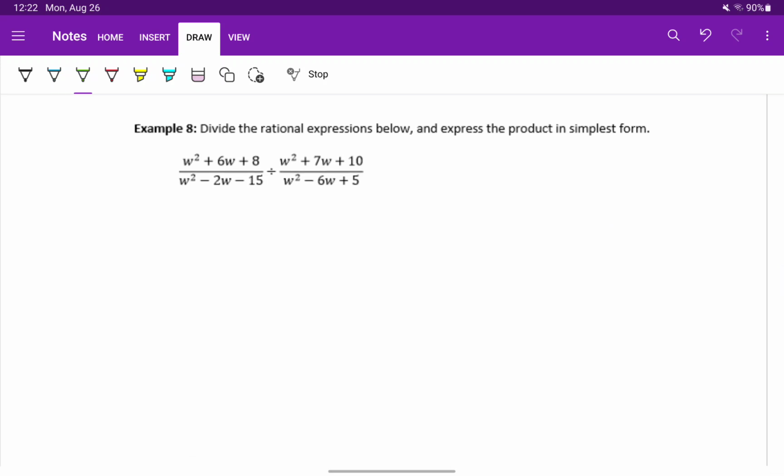In example 8, since we're dividing, we'll again just immediately turn this into a multiplication problem by flipping the position of the numerator and denominator. So this second rational expression will become w² minus 6w plus 5 all over w² plus 7w plus 10. Once we have a multiplication problem, we factor each rational expression.